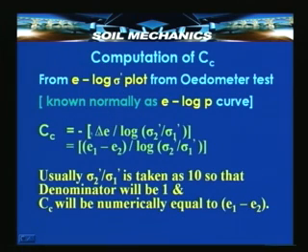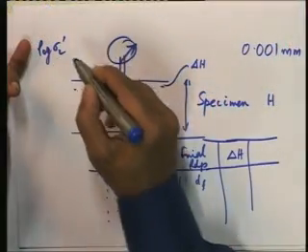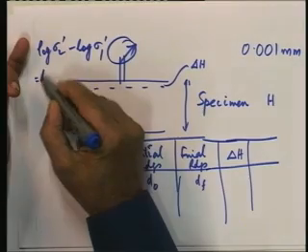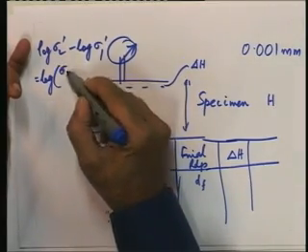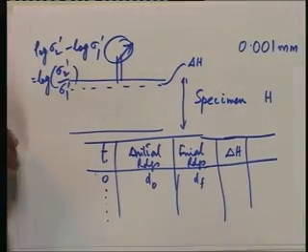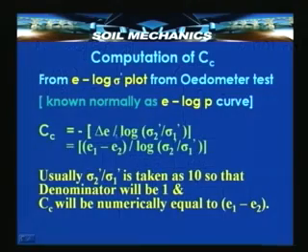Here, Cc is a negative slope, that is, minus of delta e by delta log sigma. The logarithm of sigma 2 dash minus the logarithm of sigma 1 dash is nothing but the logarithm of the ratio of sigma 2 dash to sigma 1 dash, and that is what is written here, and this is the change in void ratio.